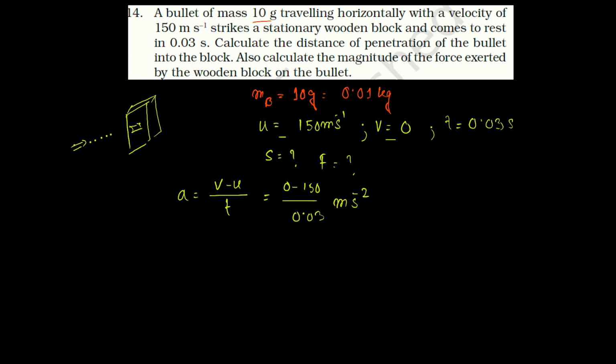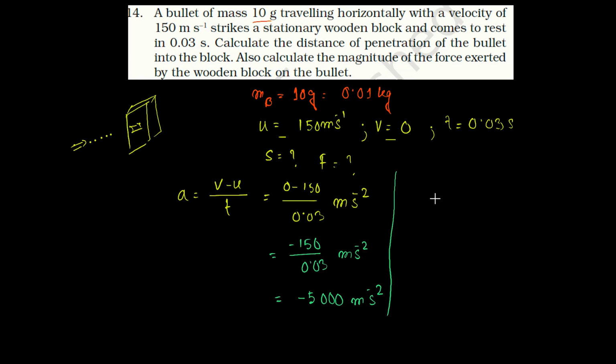Solving this, you get minus 150 by 0.03 meter per second square. Further solving, you get minus 5,000 meter per second square. This is the acceleration.